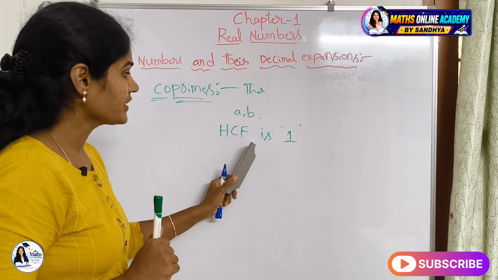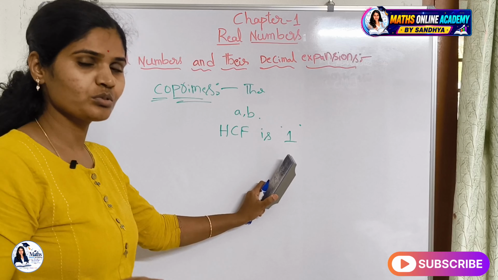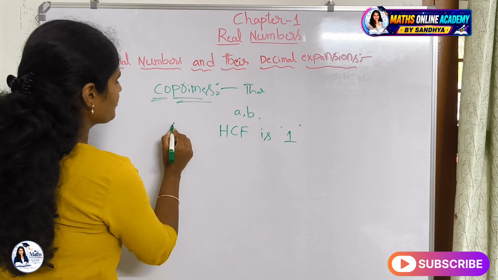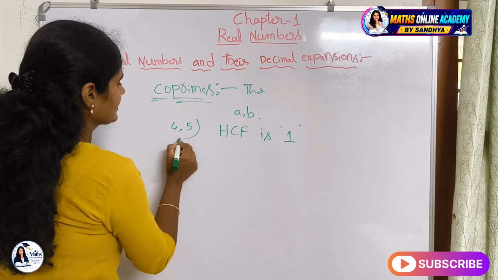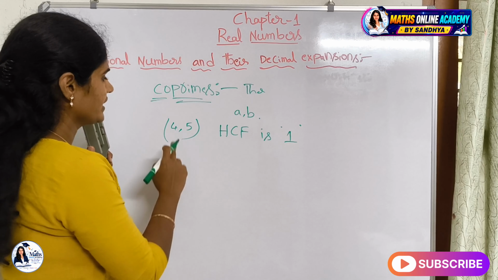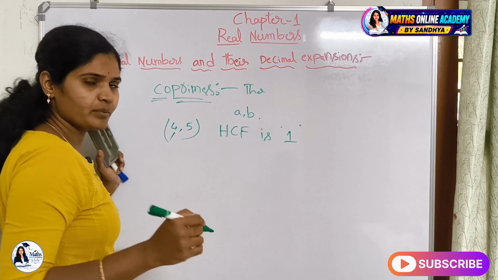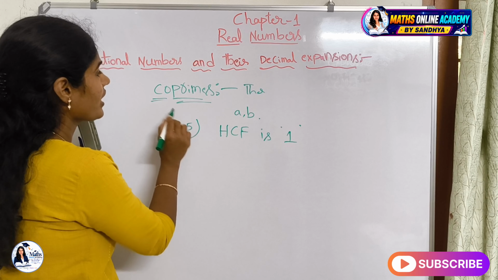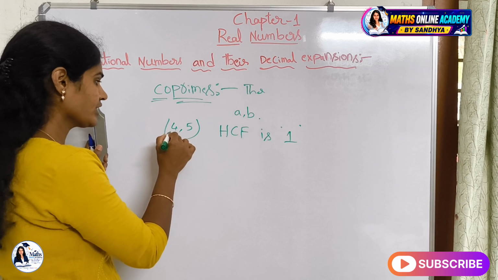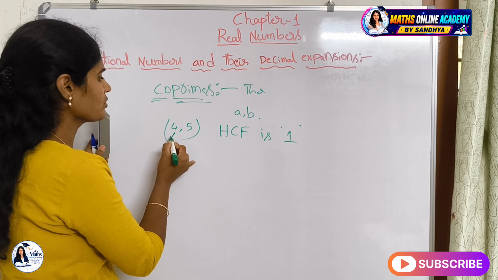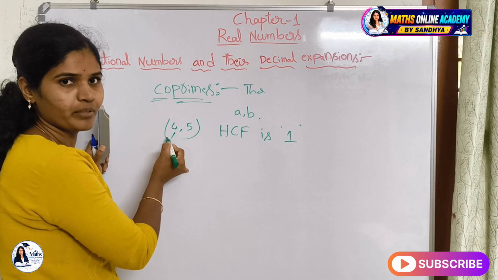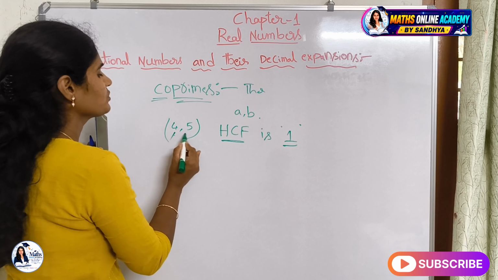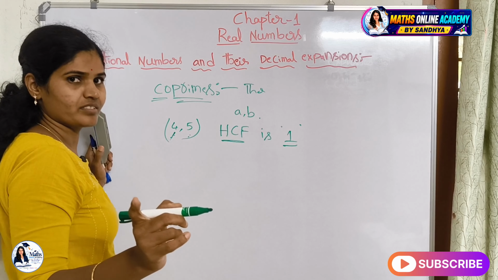Only the HCF must be 1. For example, 4 and 5. Here 4 is not a prime number, but these two are co-primes. The numbers need not be prime; if the HCF is 1, these two numbers are called co-primes.